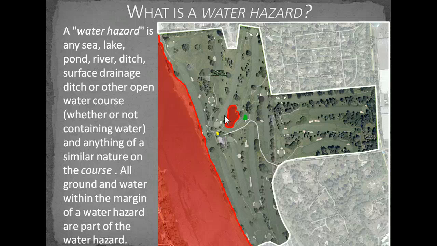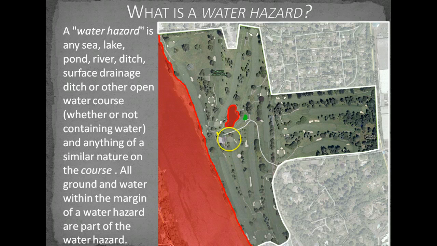And all ground and water within the margin of a water hazard is part of the water hazard. So if there was a little island in here where your ball could stand and it wouldn't be in the water, that would still be part of the water hazard because it's encircled by the margin of the water hazard.